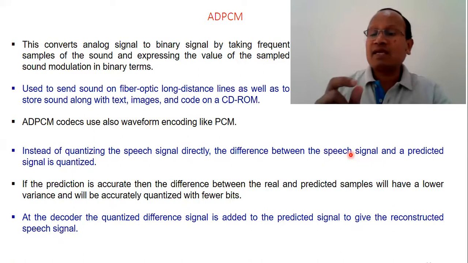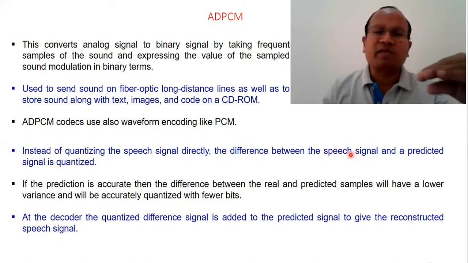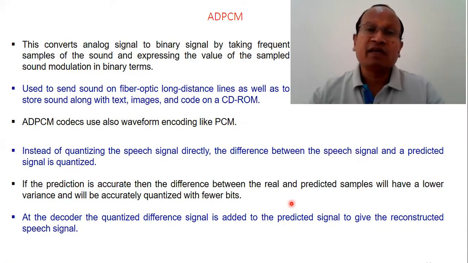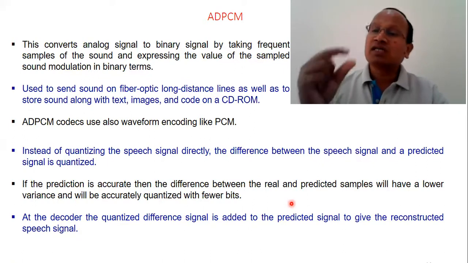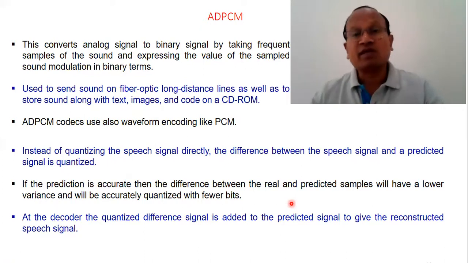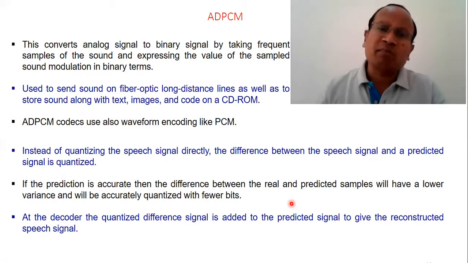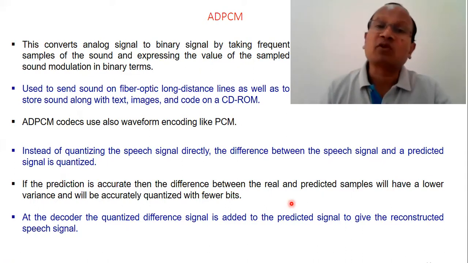Why? Because when the difference is changing, for example in a speech signal, which changes dynamically, what will happen due to the changing nature of the input? The step size corresponding to the quantized difference will vary, and for all the step sizes, for all the step values, we will not assign the same number of bits. So accordingly, the quantizer and the predictor have to work as adaptive methods.